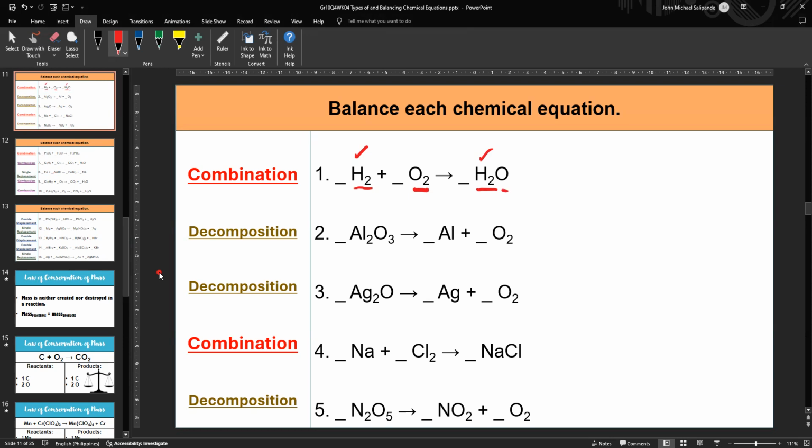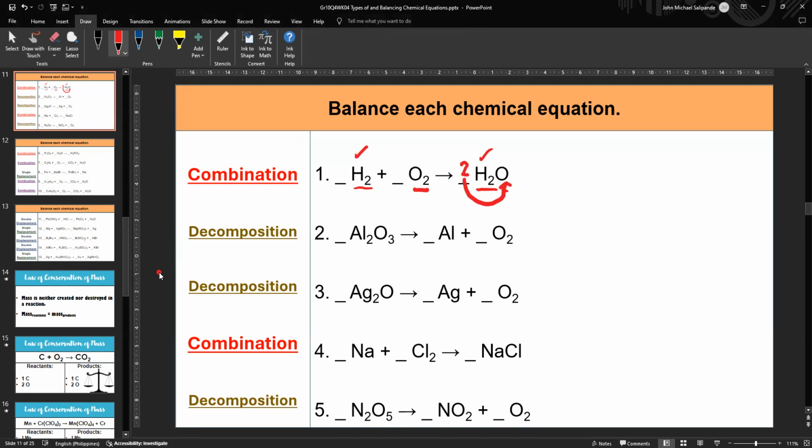So, para ma-meet natin yung dalawang oxygen atoms, you have to multiply the H2O by 2. Because remember, once you put the coefficient here, the number of oxygen atoms would be 2 times 1. Okay? And in that case, balance na si oxygen.